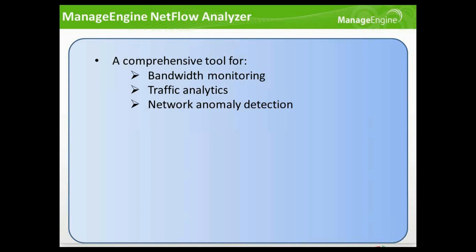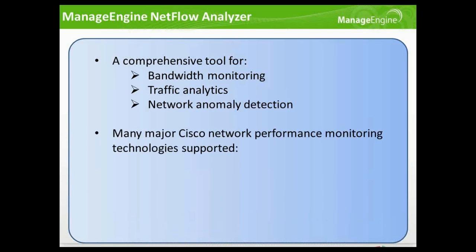NetFlow Analyzer is a comprehensive software tool for bandwidth monitoring, traffic analytics, and network anomaly detection. We leverage a lot of options available, like NetFlow from Cisco, and a lot of major technologies from Cisco are supported, like Cisco's Flexible NetFlow, which will be able to export Medianet using performance monitoring.